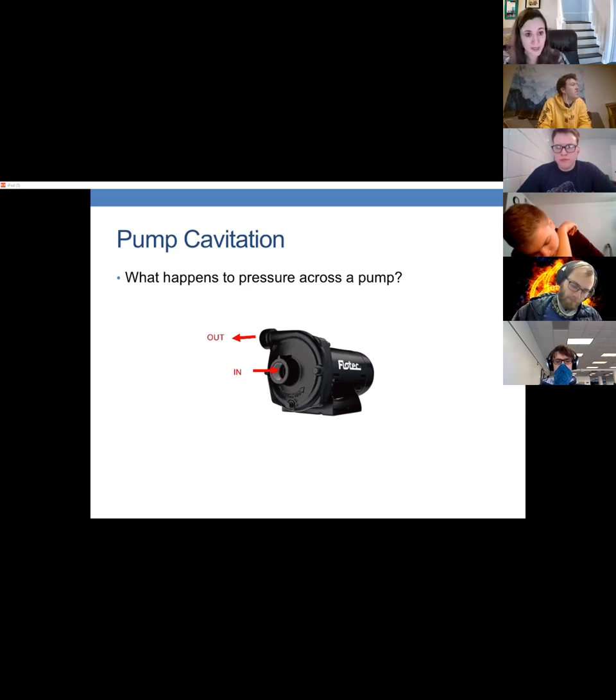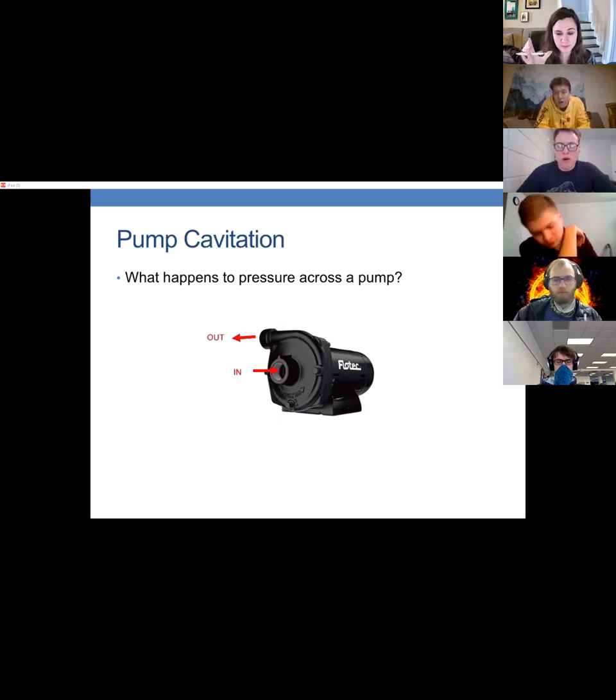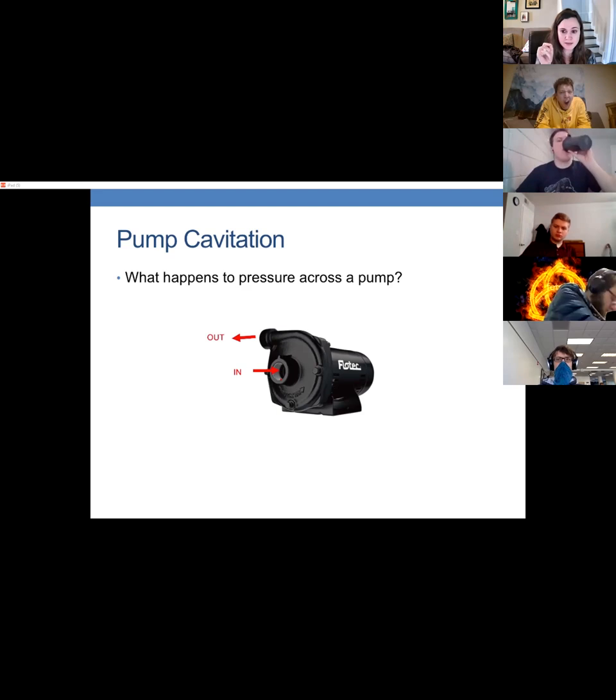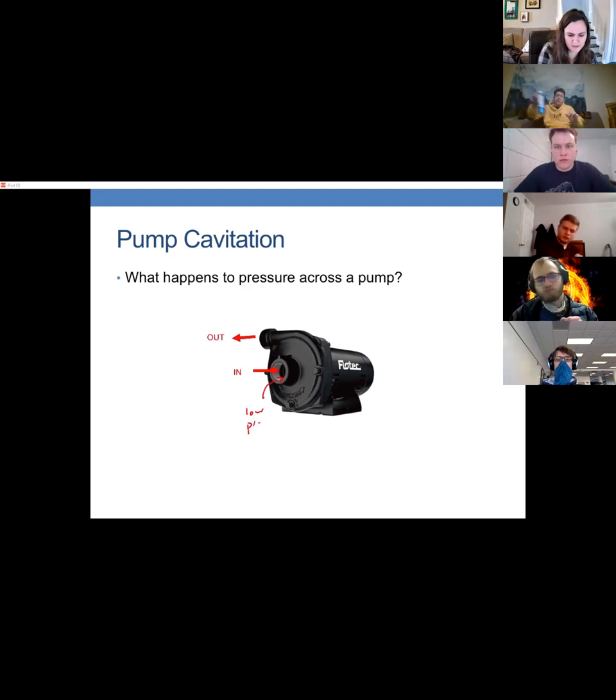Yep, the pressure increases. Also, do you remember from that homework you did with the cavitation, you were supposed to find the lowest point of pressure in that hose? Do you remember where that lowest point of pressure was? I think it was right at the pump inlet. Yeah, right at the pump inlet.